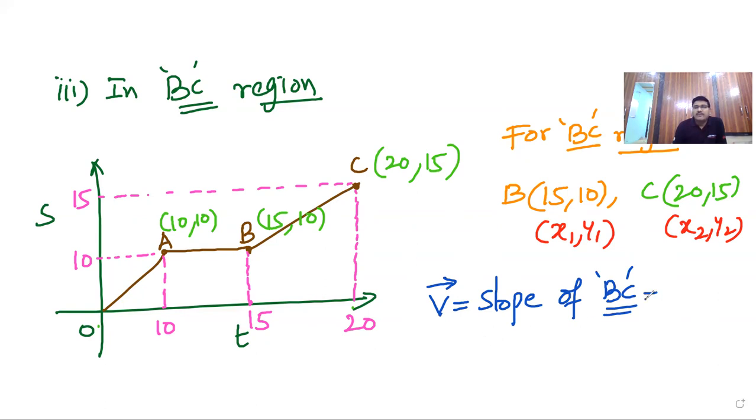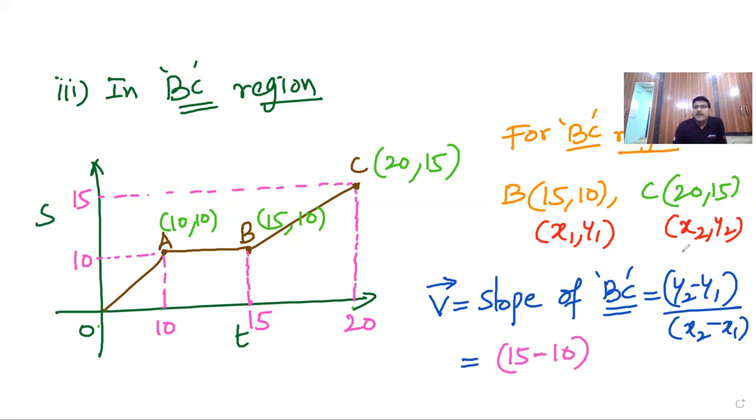So what is the slope of BC? From mathematics, y2 minus y1 by x2 minus x1. So y2 here is how much? y2 is nothing but 50, and y1 is 10, divided by x2 20 and x1 50.